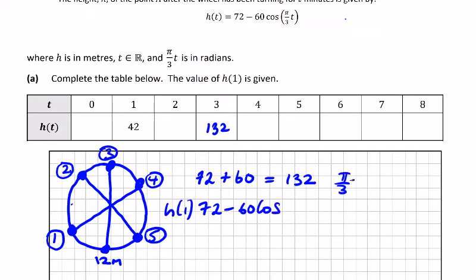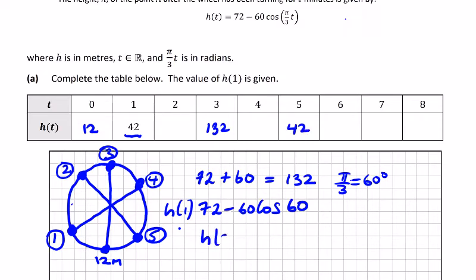Pi over 3 is equal to 60 degrees, so I'll do this question in degrees. If t is 1, we're getting 72 minus 60 cos 60. That's giving me 42, which is given actually. I should look at the question first. h of 0 we have as 12. So 5 has to be the same as 1.